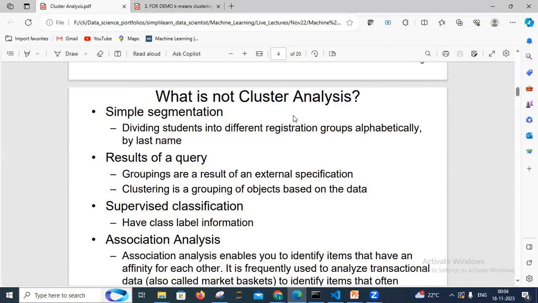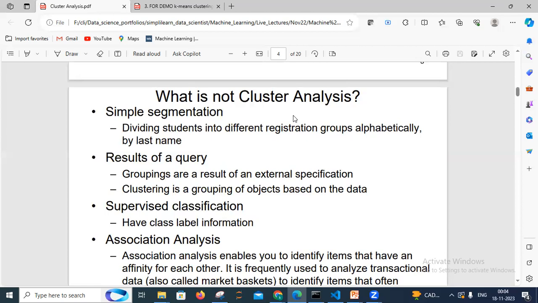And what is not cluster analysis? Why are some use cases not treated as such?